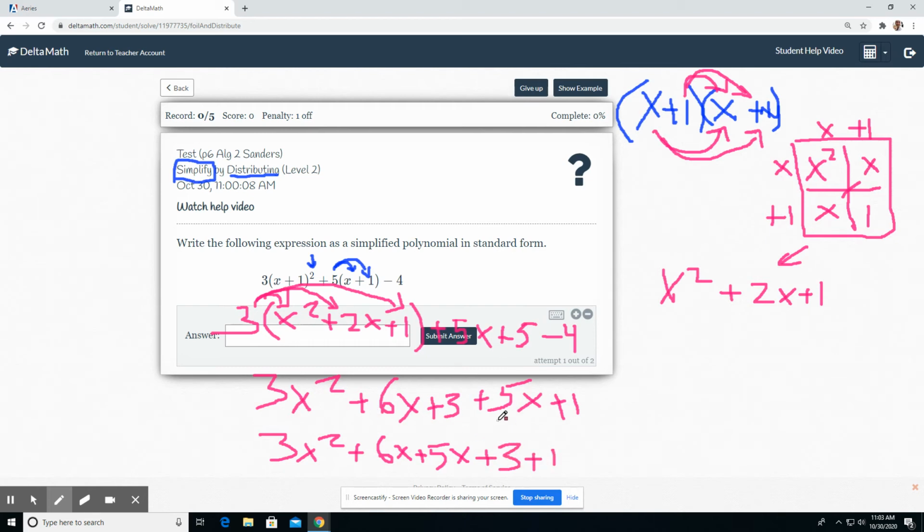A lot of people do this in their heads or combine those at this step. If you're still struggling with it and making mistakes, it's really important to group them together. Then you're less likely to make a mistake that way. 3x squared plus 11x plus 4 is our final answer. Remember, these are unlike terms, so they cannot be combined anymore.